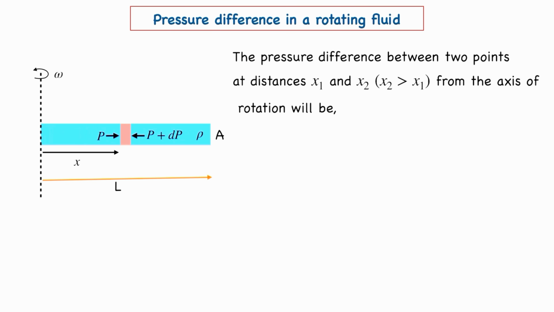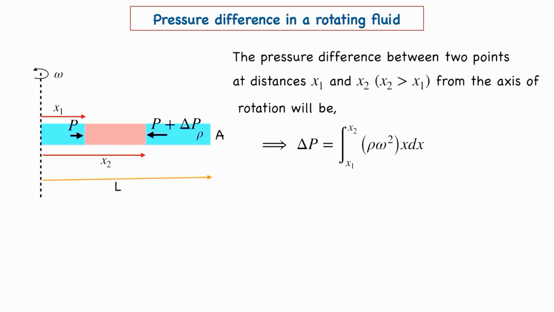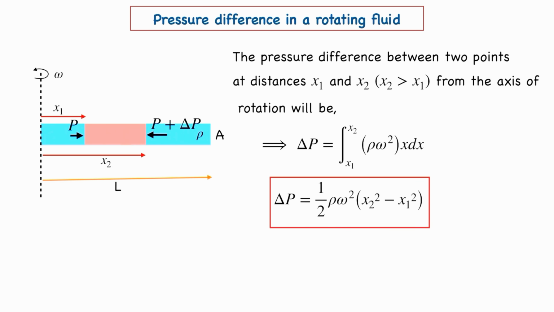The pressure difference between 2 points at distances x1 and x2, where x2 is greater than x1, will be: here we can see that point x1 from the axis of rotation is here, and second point at a distance x2 is here. Pressure difference between these 2 points can be calculated as delta P equals integration x1 to x2 of rho omega square x dx, or delta P equals half rho omega square (x2 square minus x1 square).